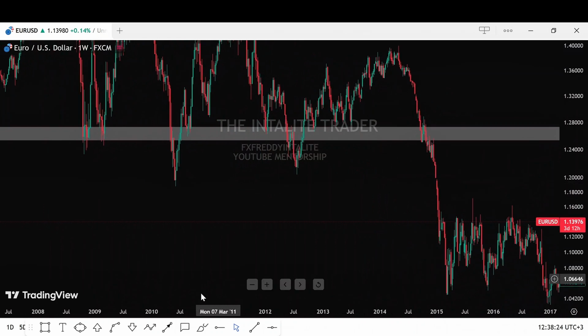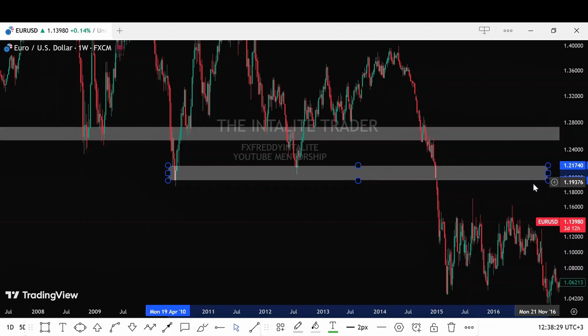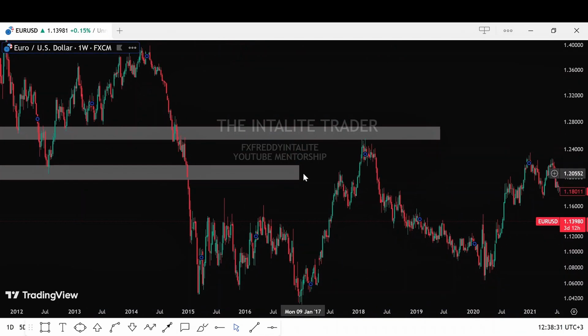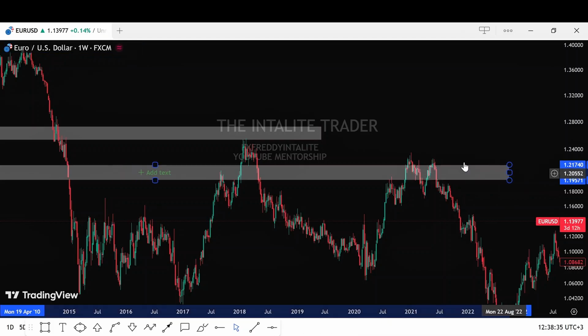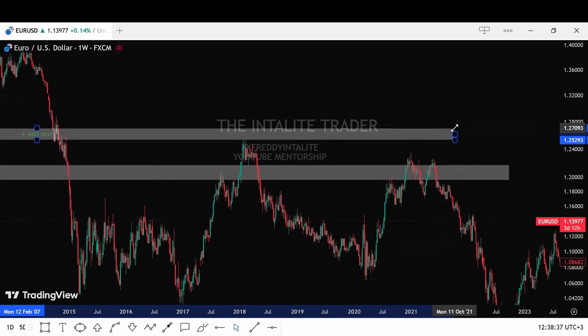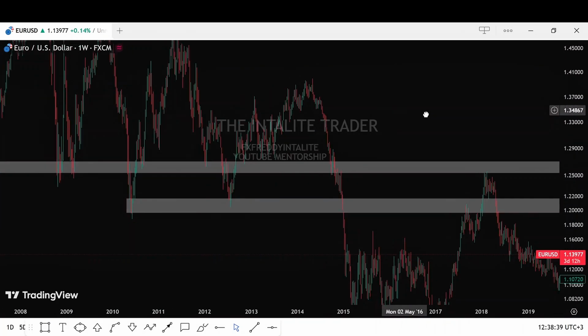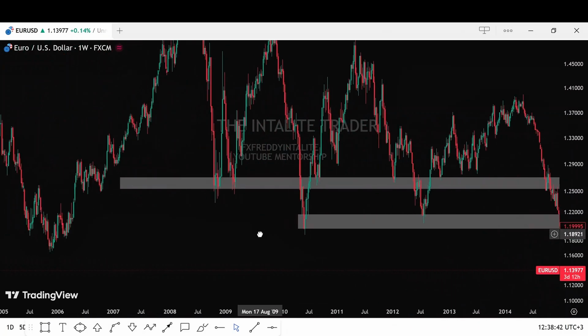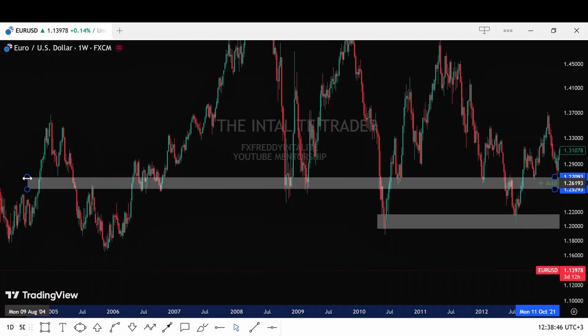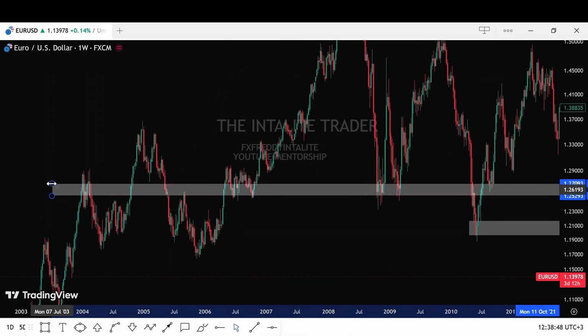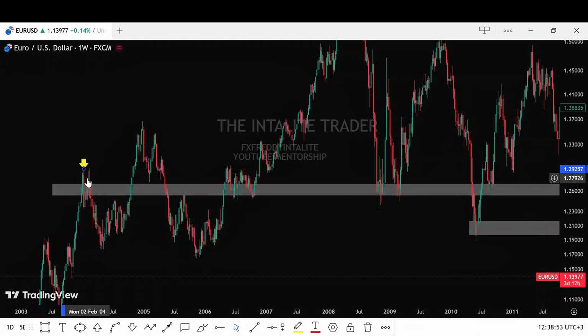We also have this. Now, this price level has acted as, if you look at this, it resisted here and acted as support.